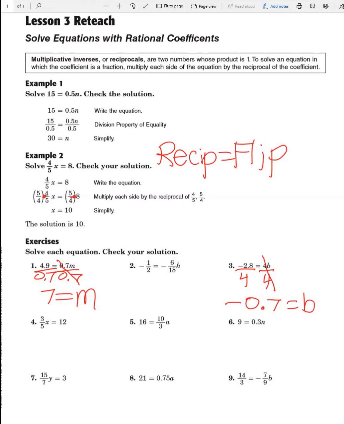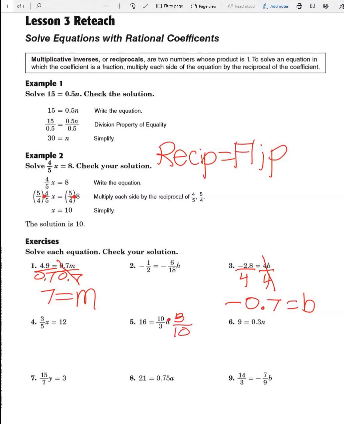Number 5. 16 equals 10/3a. In this problem, we have a fraction as the coefficient. In order to solve this, we are going to flip the fraction to its reciprocal. The reciprocal of 10/3 is 3/10.